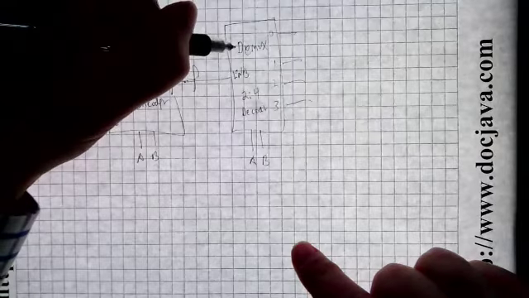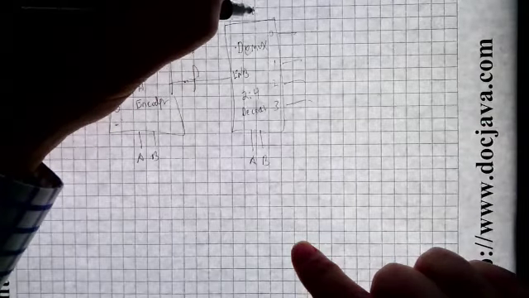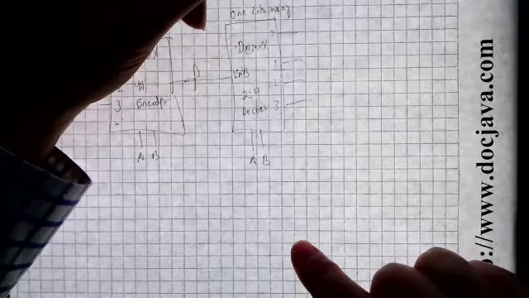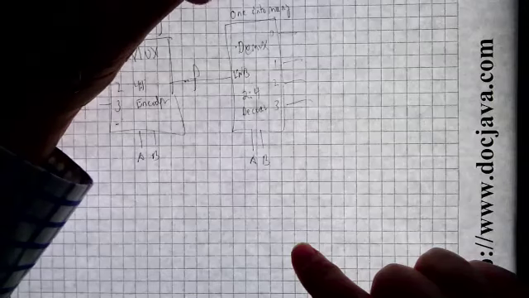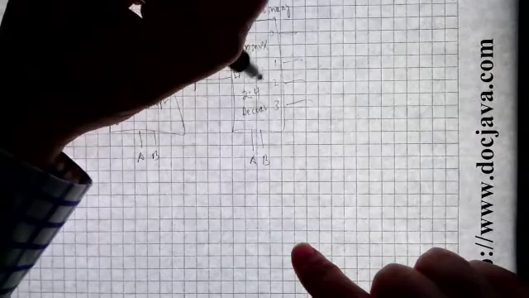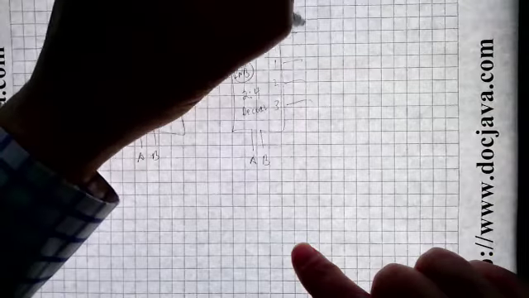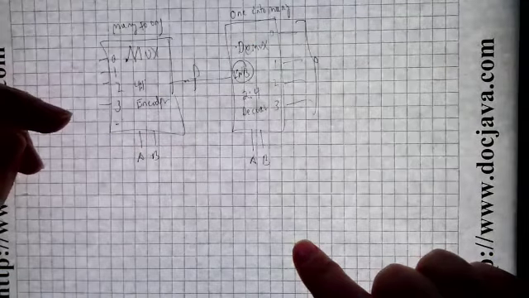And a demultiplexer is doing one into many. But it's also something else. It's used as a selector for distribution. So it's distributing this input into one of these several outputs.